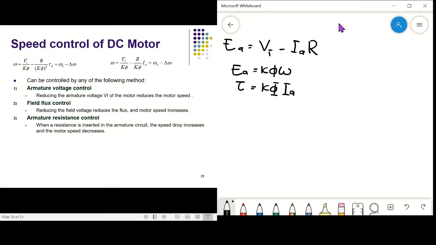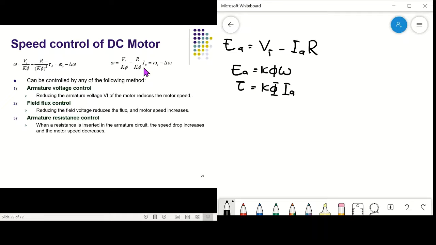From these three equations, you try to derive and get these two equations, where omega equal to VT over K flux minus R over K flux square torque. Torque D ni develop torque. And then omega equal to VT over K flux minus R over K flux IA.